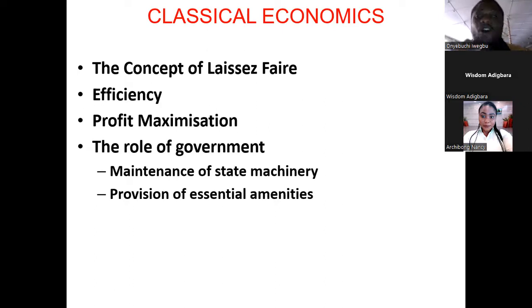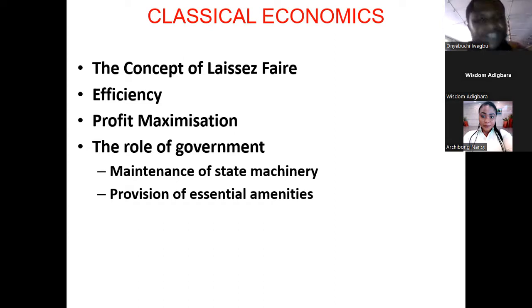The one that cut lights, the one that will go and reconnect it is different. The one that will give you bill, the one that will collect money. So you just go to NEPA office and you will see so many people doing nothing, absolutely nothing. And when you enter the hall, you will see everybody cooking, eating amala, different kinds of food. But go to PHCN now, that has changed.